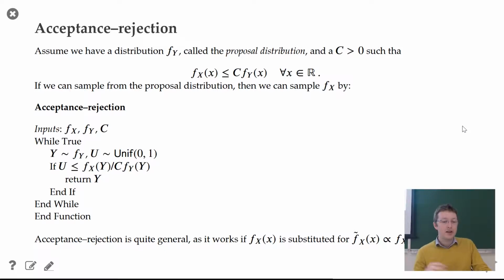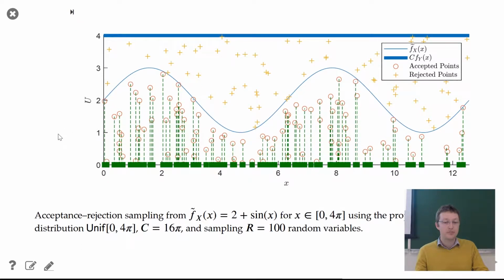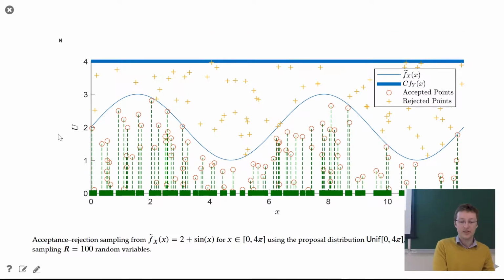So in acceptance-rejection, I'll show you the picture first, and we can work backwards to the algorithm, perhaps. So say that we want to simulate from a distribution which has this PDF here in blue, the sine curve plus 2.